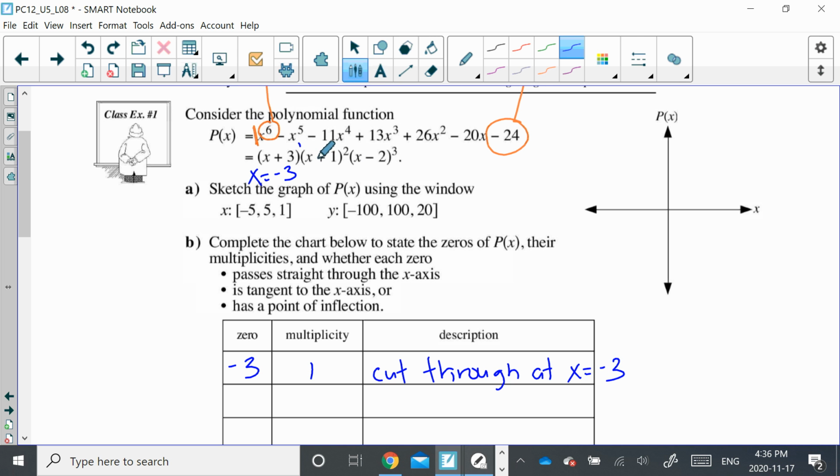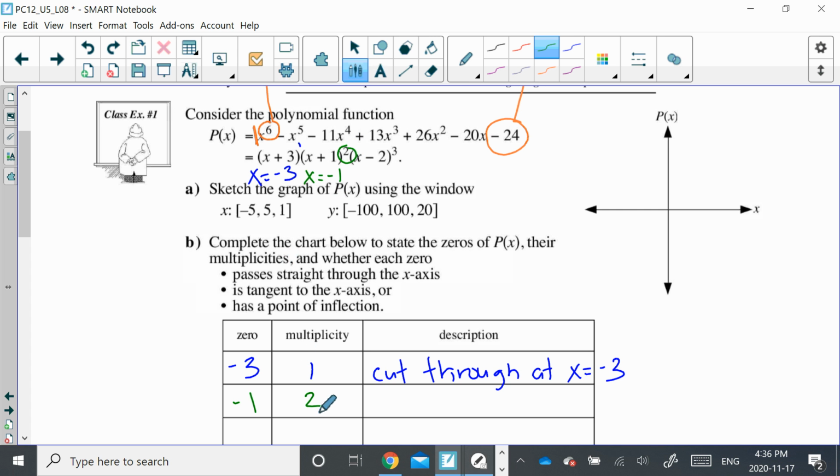Okay, let's look at this factor, x plus 1 squared. You need to be able to look at that and say what the x-intercept is. The x-intercept is going to be negative 1, so the graph is going to have a 0 at negative 1. The multiplicity is 2.